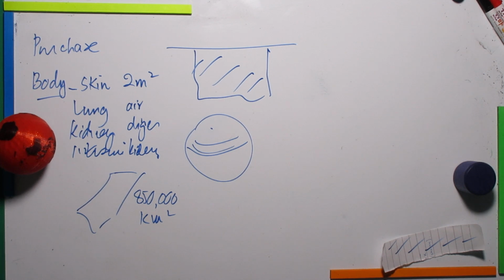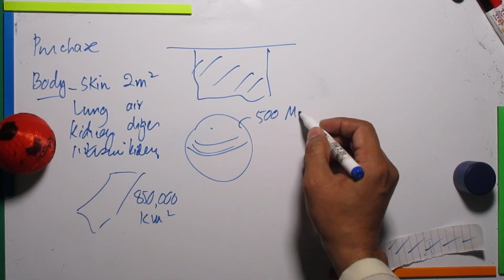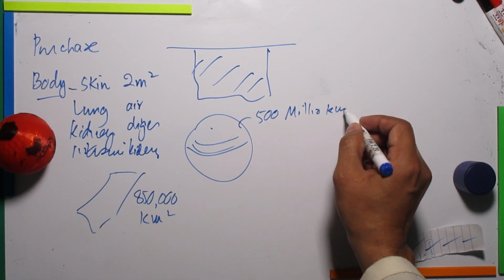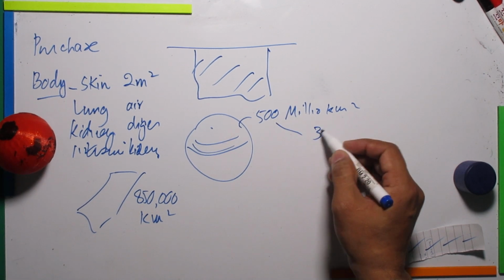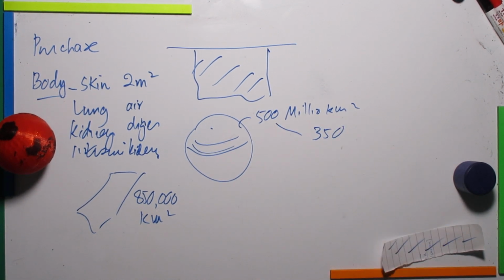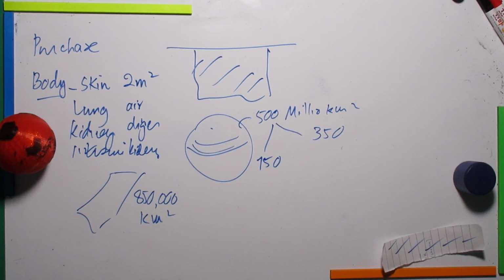The planet is 500 million square kilometers. Right? Oh, 500 million. How much is it? Ocean is 350. How much of it is land? 150. So easy figures, but you go with an idea of how much it is.